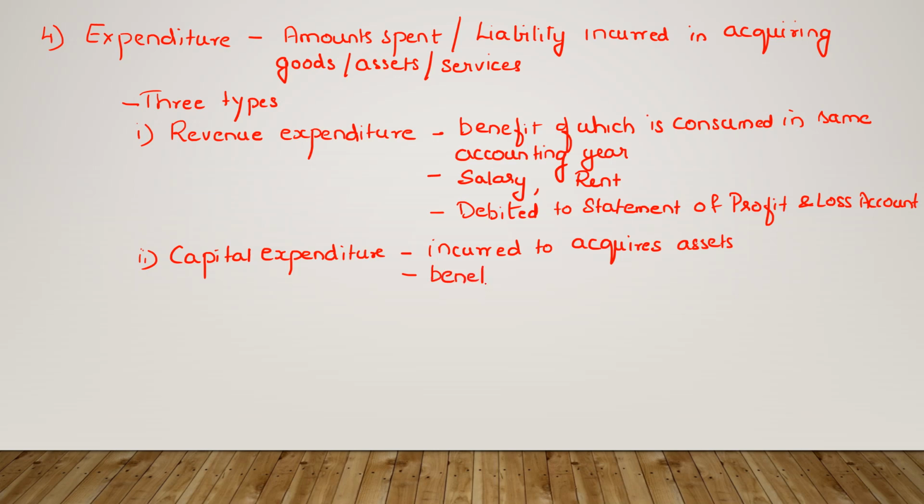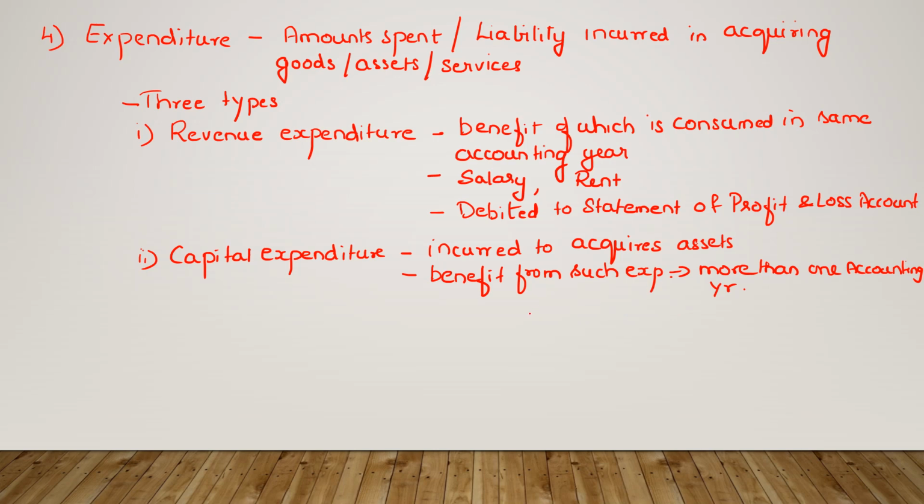So benefit from such expenditure is available for more than one accounting year. She can use that particular computer that she has purchased for many more years to come. It is not going to get exhausted in 1 year and she's not going to dispose of it to buy another one.